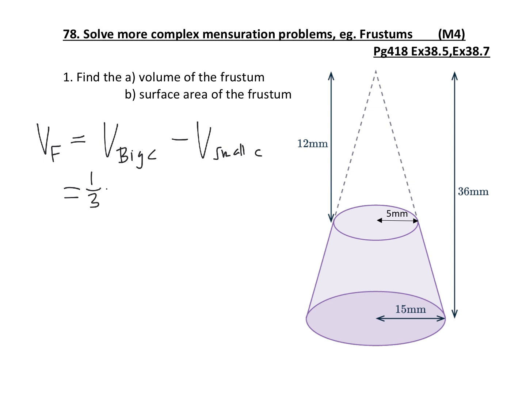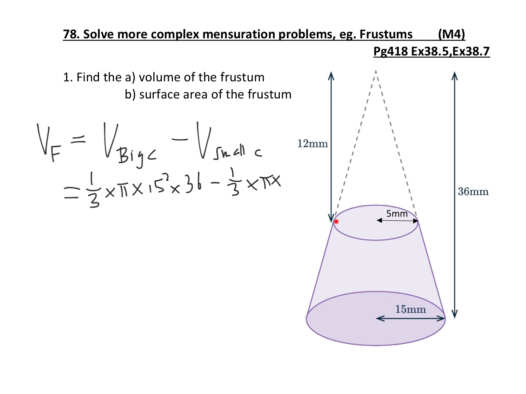So a third times pi times the radius for the large cone, the big one, is 15, times the height of the large cone, which is from here to here, which is 36. Minus the volume of the small cone, that's a third times pi times the radius squared, which is 5.